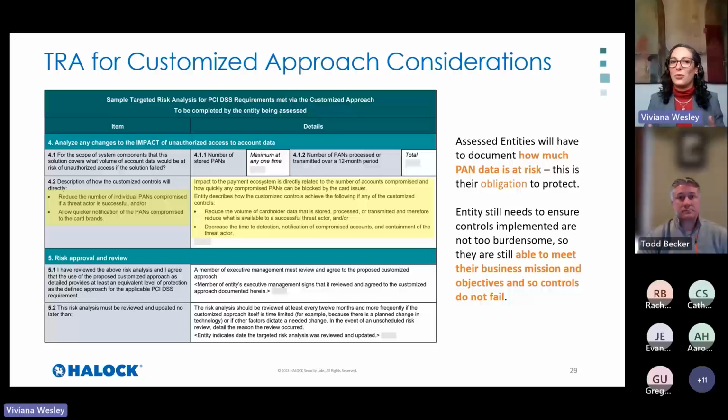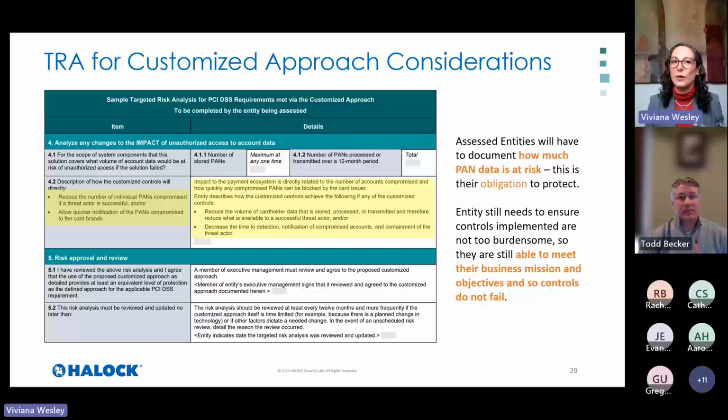And so they've basically said, this is the obligation we want you to meet. But where in here do we think about our organization and our business needs and our objectives as well? Right? That's a good question. So the entity still needs to be considering what's important to them. What's the entity's mission? What's the entity's objectives?